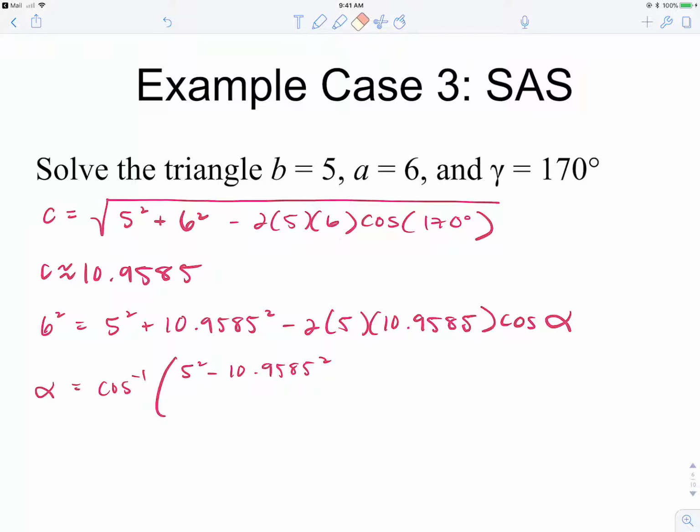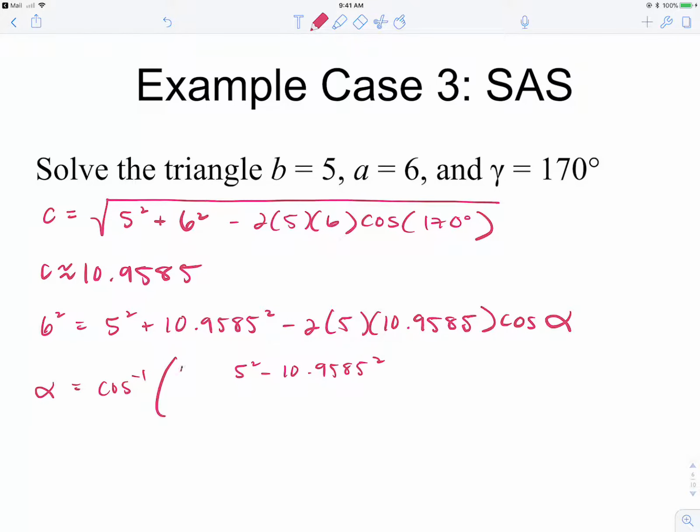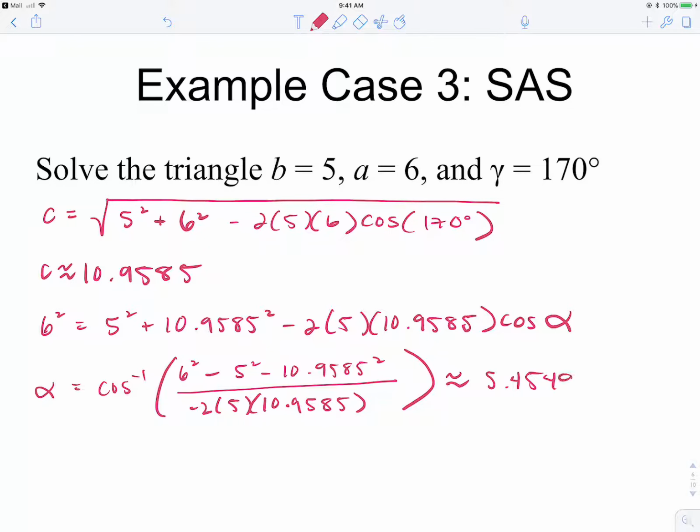Oh, I'm missing 6 squared. Okay, so I get alpha is approximately 5.4549 degrees.